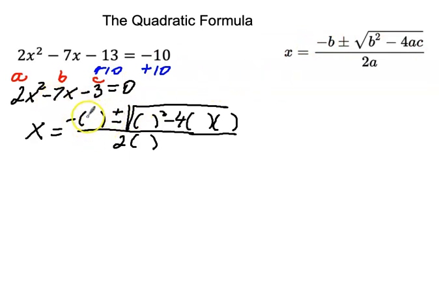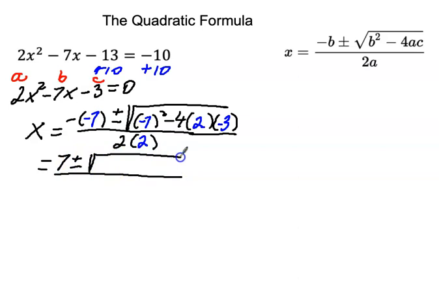Now we're going to substitute the coefficients for a, b, and c. So here is negative b, so negative 7, plus and minus the square root of negative 7 squared minus 4 times a, which is 2, and negative 3 is going to be c, divided by 2a, 2 times 2. Now we're going to evaluate. A negative 7 is positive 7. We have plus and minus the square root, and make sure the square root is all over those numbers.